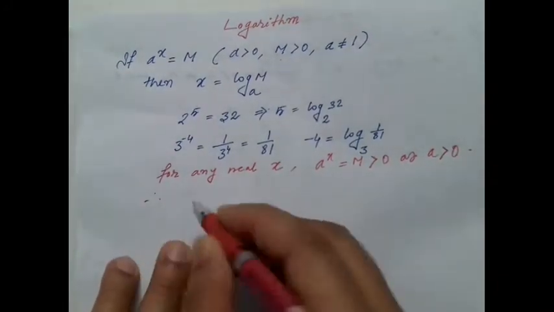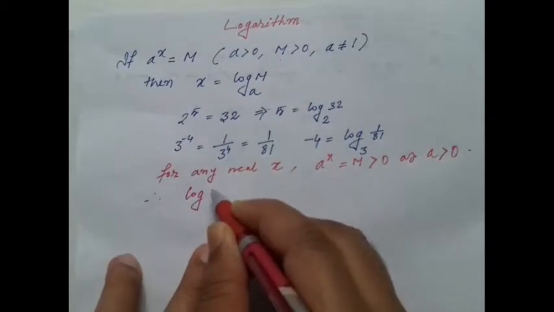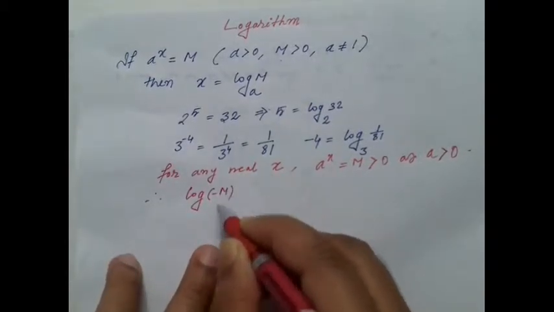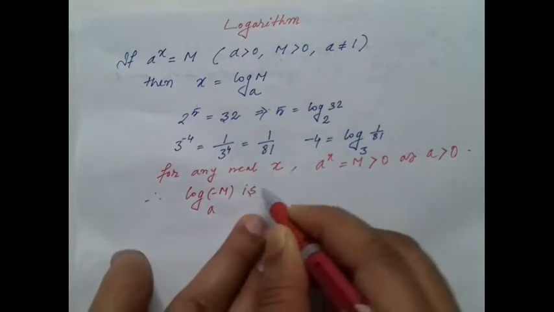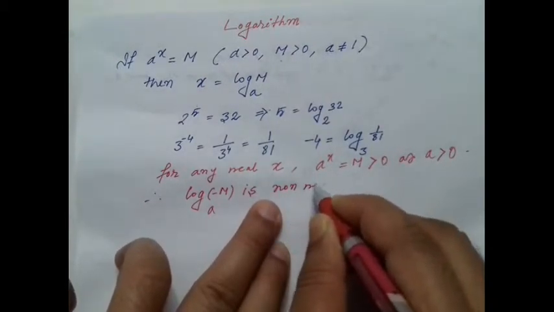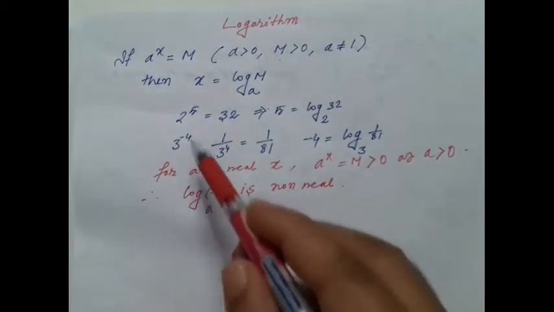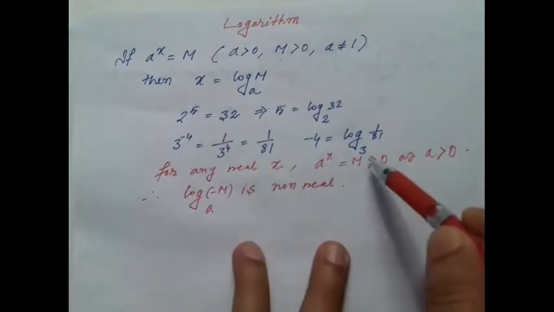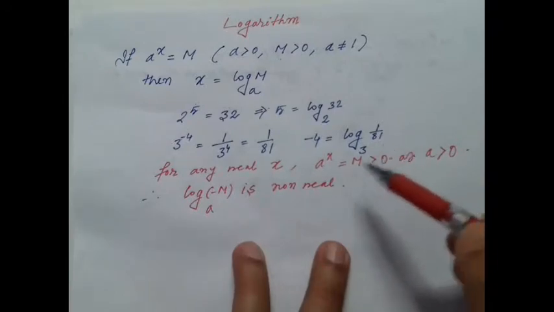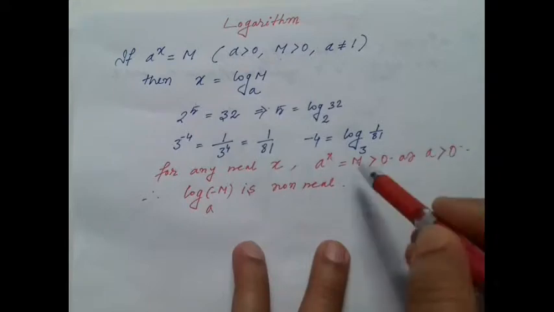Therefore log of minus m to the base a is non-real. Why? Because for any real x we are getting m greater than 0, therefore there is no x for which we will get a to the power x less than 0 where a is greater than 0.